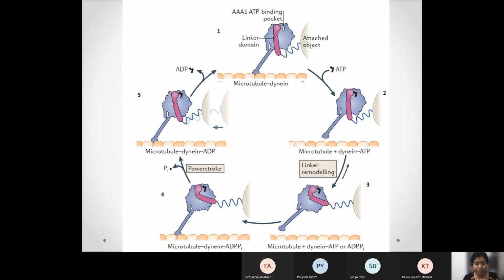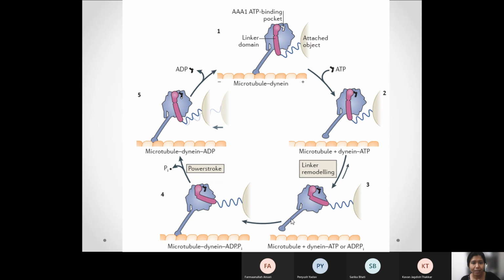Now, there's another interesting thing here. When you try to imagine two dyneins, both of them attached to the cargo, a dimeric dynein, and they are walking on the microtubules, right? It can be that one of them takes 2 steps forward before the other one actually moves.